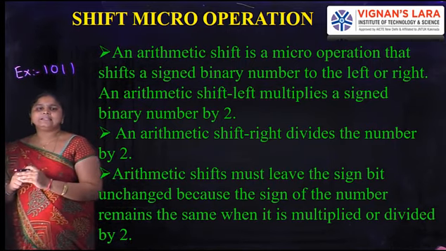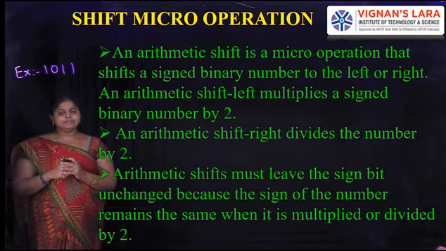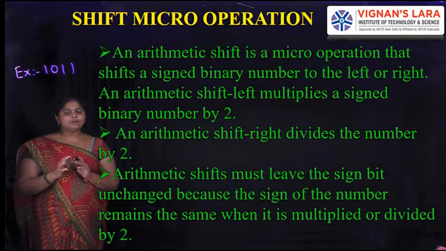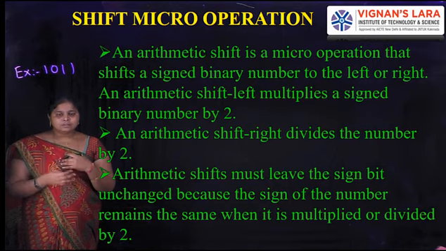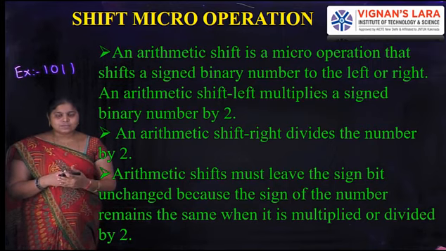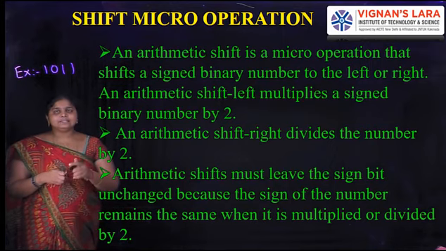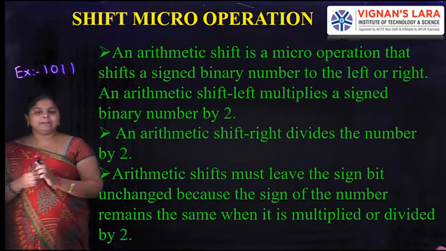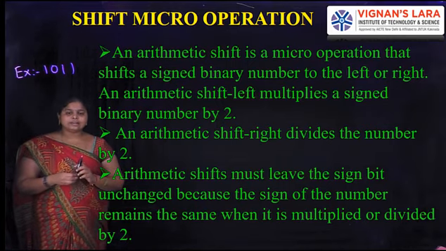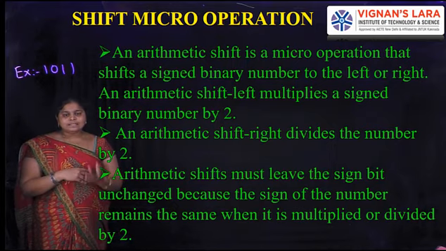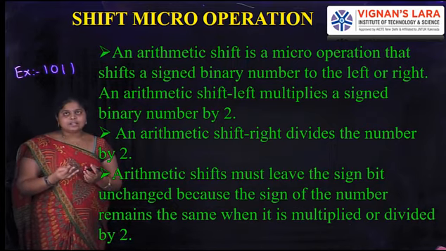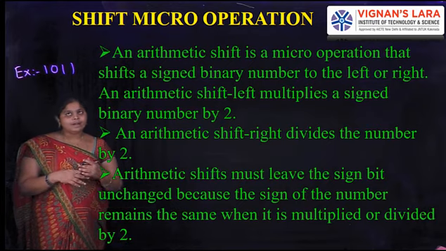Logical shift has one more disadvantage: the least significant bit will be discarded. In circular shift, there is no discarding of data. There is no loss of information.